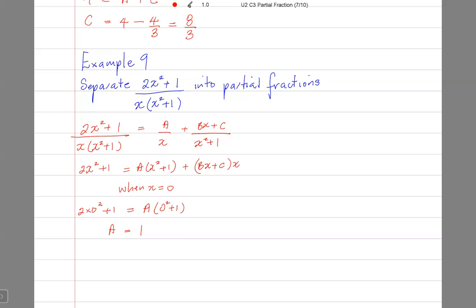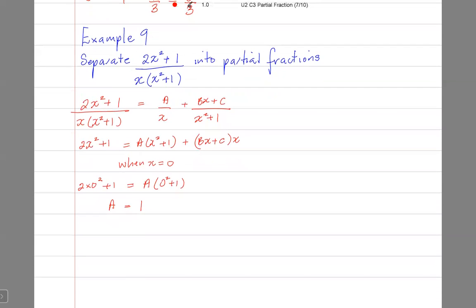I could probably look at the x coefficient. If I'm doing that, on the left, there's no x coefficient. So on the left, I have 0. On the right, a will be a constant.